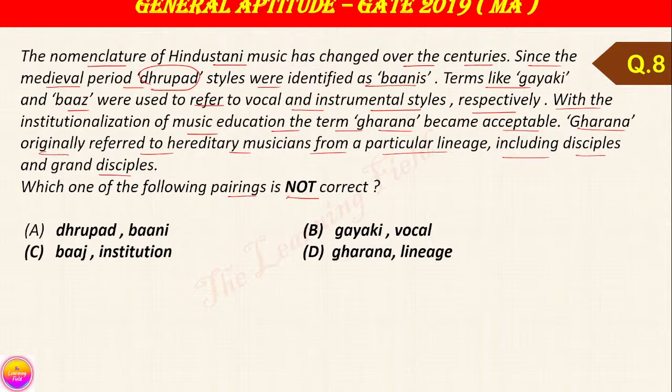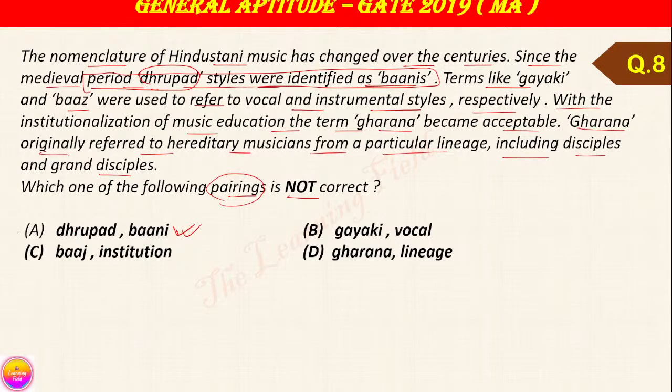So we have to find the incorrect pairing. Dhrupad and bani: here the statement says that Dhrupad styles are identified as banis, so these two are a correct pair.